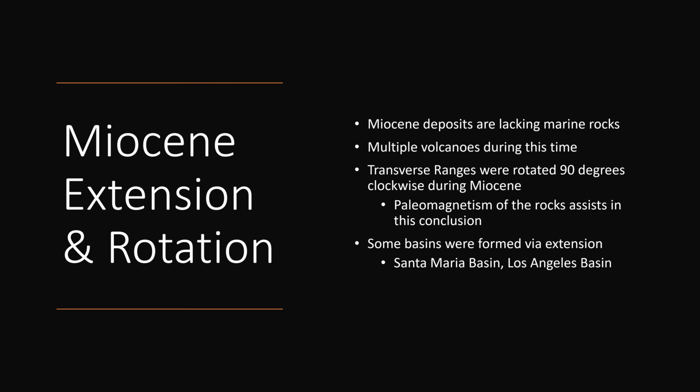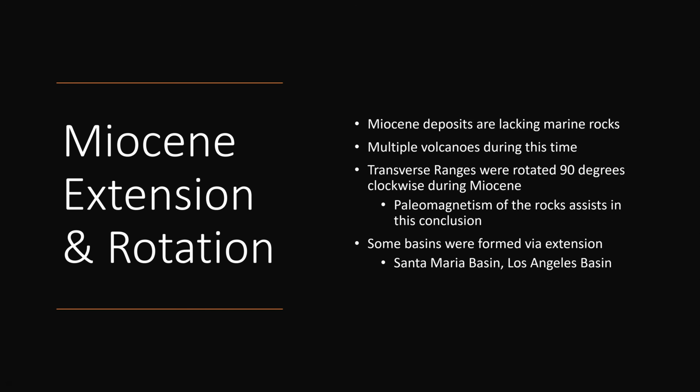And this is when the transverse ranges start to rotate 90 degrees clockwise during the Miocene, and then paleomagnetism of these rocks assists in this conclusion. So we talked a little bit about paleomagnetism with plate tectonics. Remember, paleomagnetism is looking at magnetic minerals and rocks and their orientation.